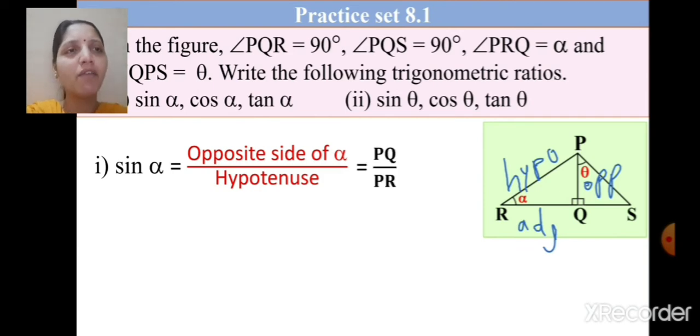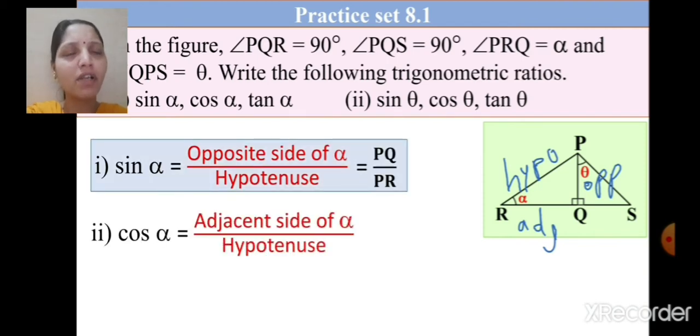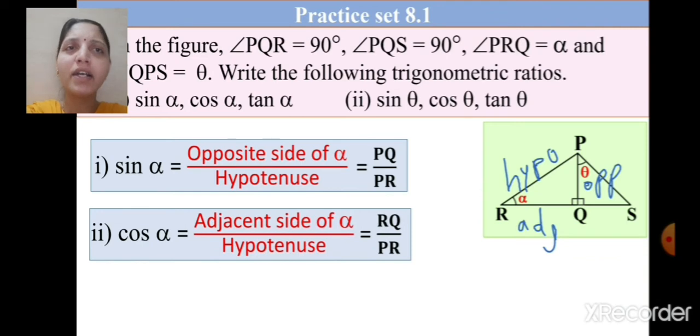Then we have to find cos alpha. What is the formula for cos alpha? Yes, adjacent side of alpha upon hypotenuse. Now what is the adjacent side here? RQ, and hypotenuse is PR. So your ratio will be RQ upon PR. Then we have to find tan alpha.